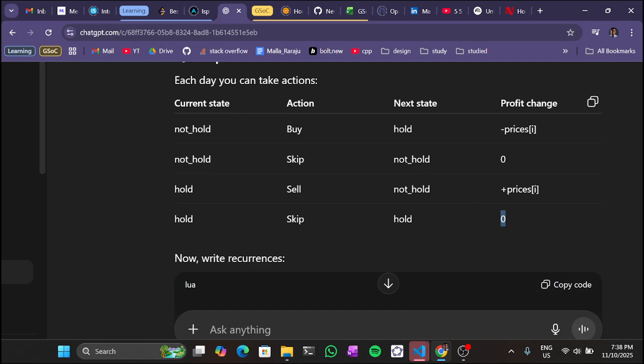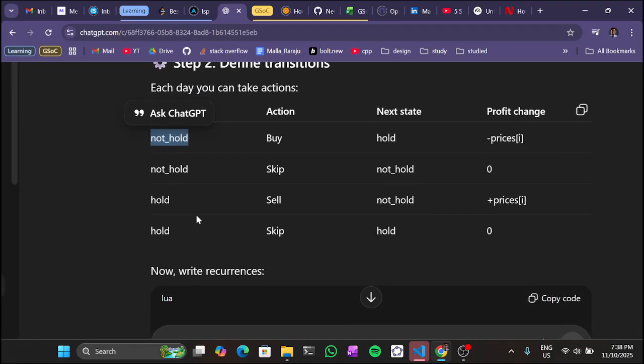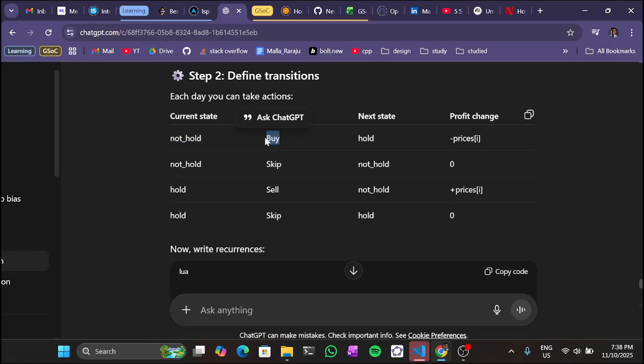So at the current state, if you choose not to hold, if you are not holding any stock, you can buy a new stock.